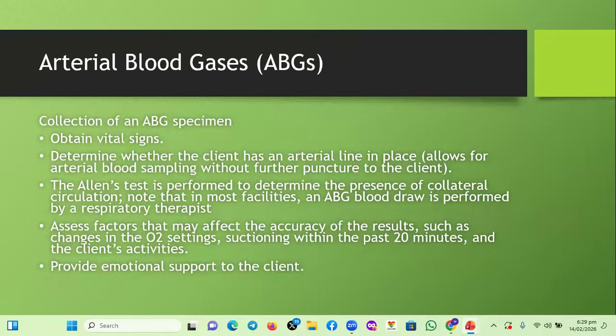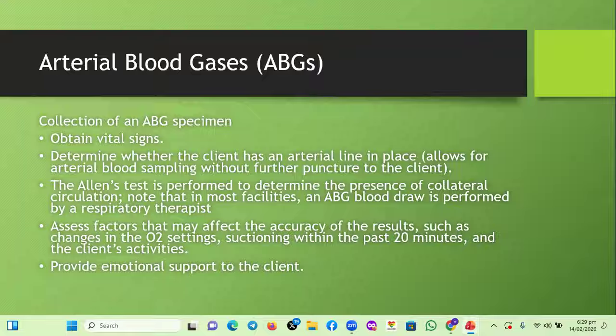So when it comes to arterial blood gas specimen collection, first, before you take your sample, you have to obtain the vitals. You need to know the level of oxygen and the other components.